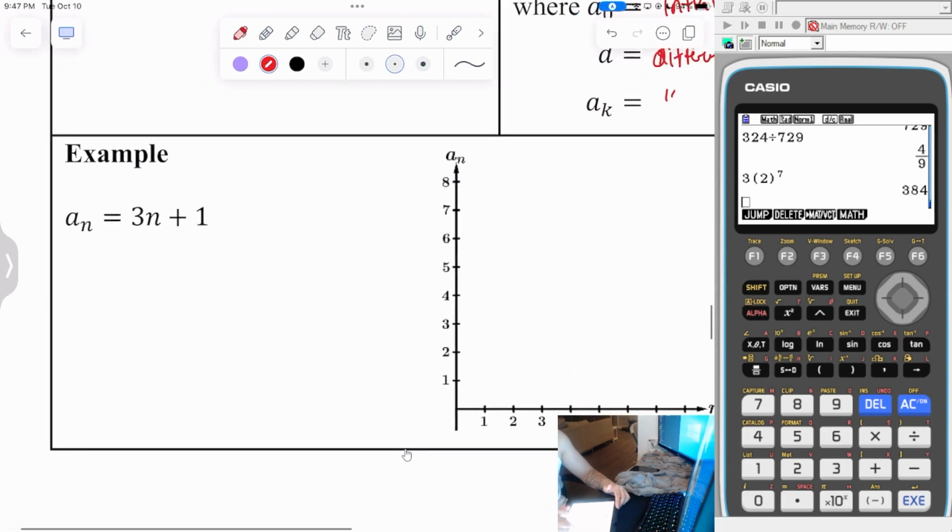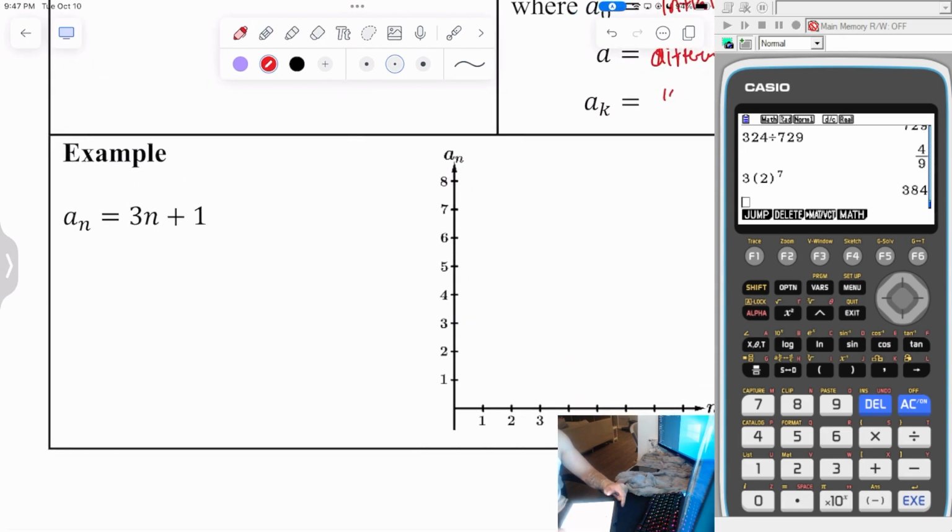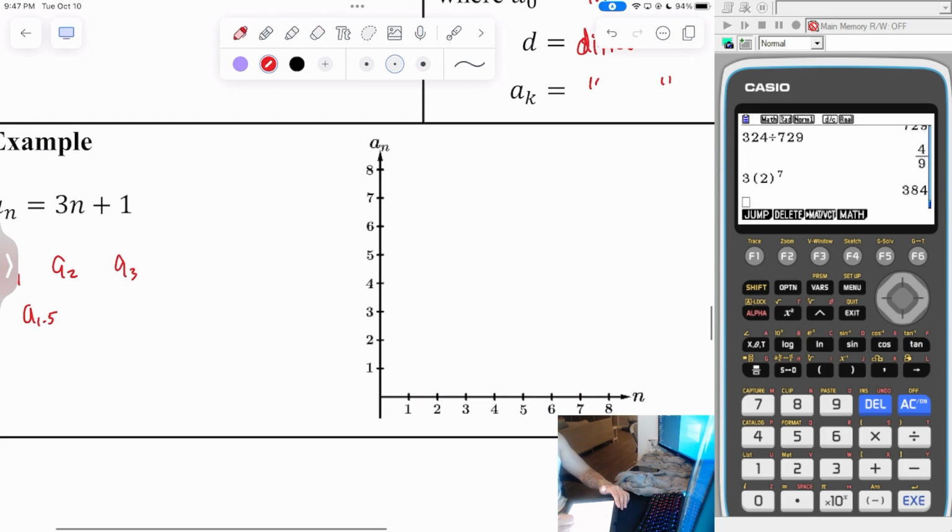So what they're trying to get across is that yes, it is pretty much like a linear function. However, when we count sequences like a sub 1, a sub 2, a sub 3, each number in the subscript is counting by whole numbers. There's no a sub 1.5. You don't count like that. So I'm not going to be plugging in any numbers between 0 and 1, 1 and 2 at all.